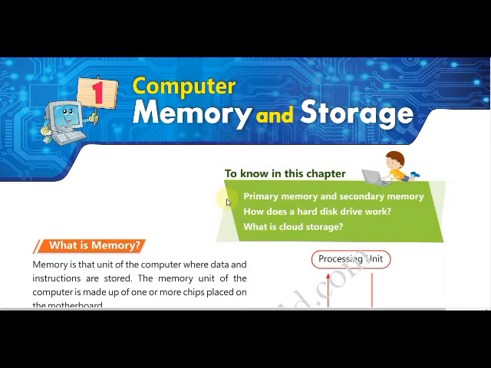Next is the DVD ROM, which allows you to store data on a CD or DVD, or retrieve data from a CD or DVD. Then the next one is RAM. It is located on the motherboard. These are the internal components of a CPU. Now let's see what memory is.